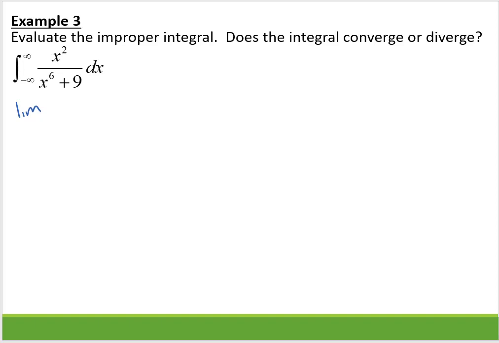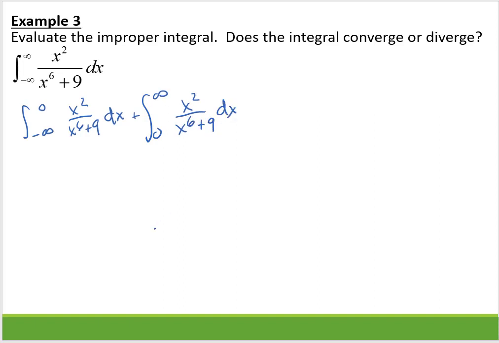We need to split this up into negative infinity to 0 and then 0 to infinity. Now we can adjust and throw in our limits.